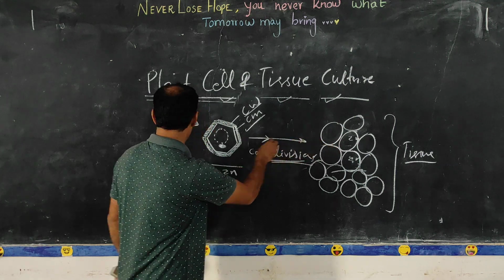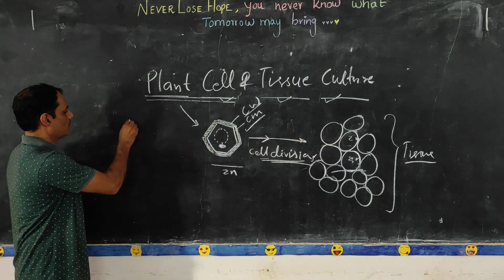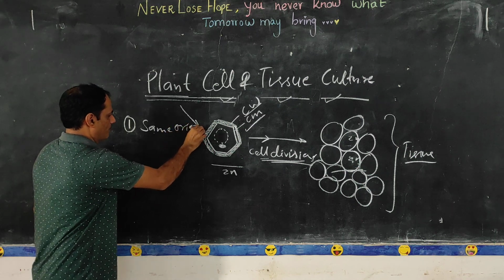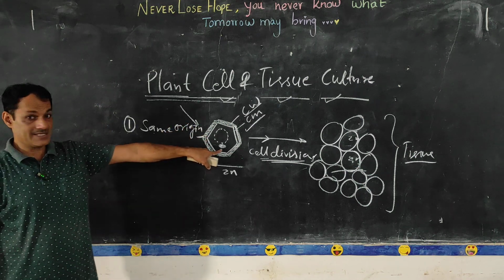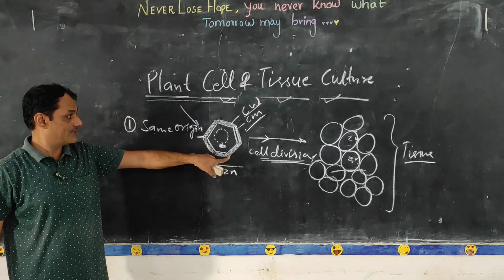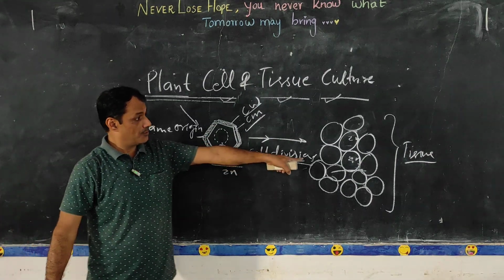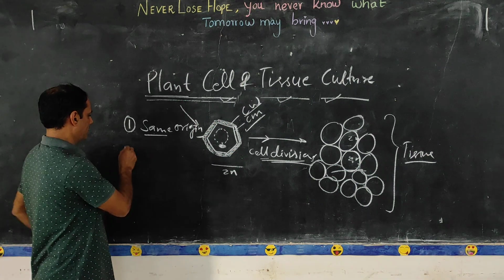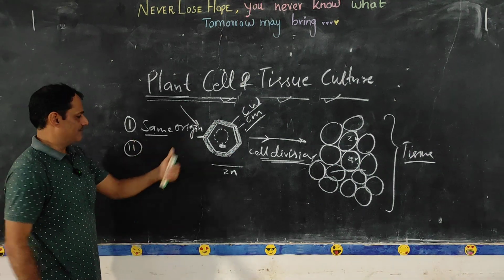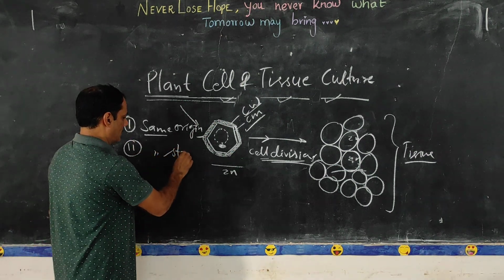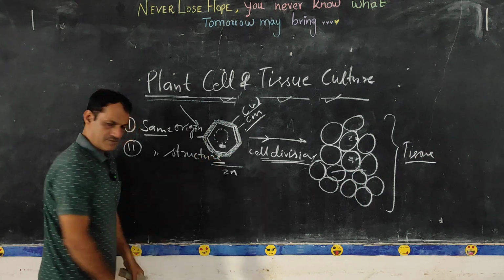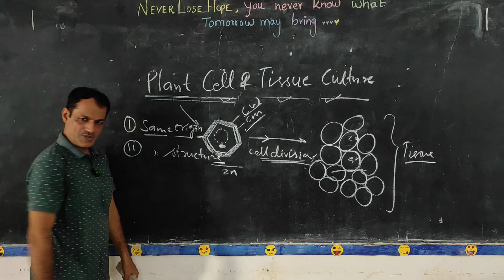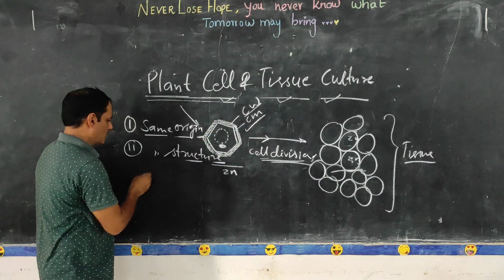As we know how it happened, a group of cells of the same kind originated from the same cell. Yes or not? Originated from the same cell. So the group of cells is of the same origin, right? Since the origin is the same, the same type of structure will also be there. So a group of cells of the same origin, same structure.